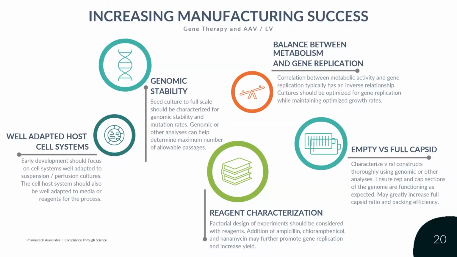So when I say that, what I mean is people aren't thinking in these factorial designs of experiments types of terms. Typically you have very many what I would call multivariate relationships between your reagent inputs and ultimately your process outputs.